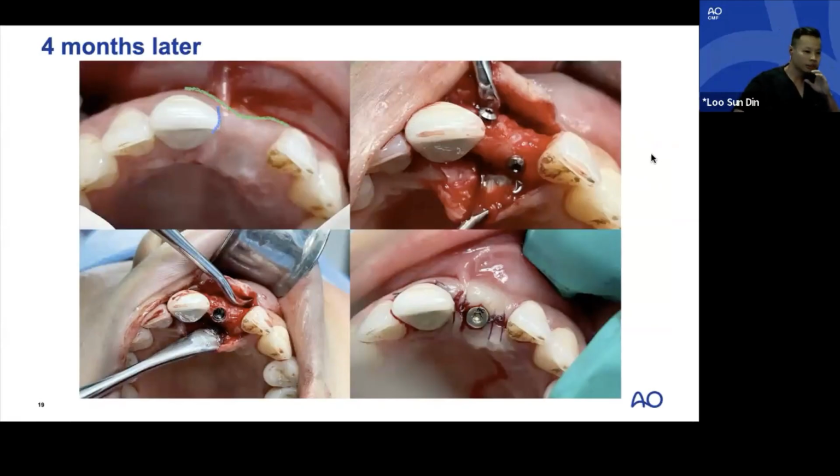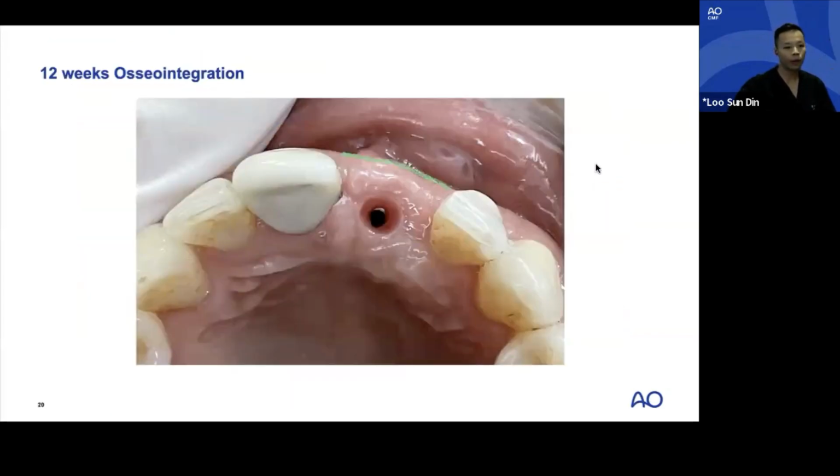Incision as usual for implant, extending palatally with a split thickness extension. And by doing this, you can easily beef up the buccal contour by rotating it inwards buccally and then place an implant with primary closure. 12 weeks osseointegration, you can see pretty good result.